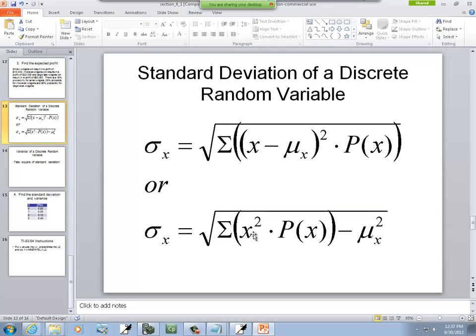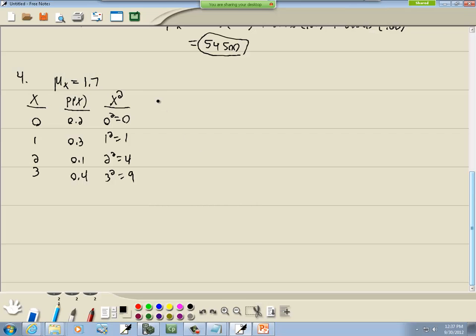Now we're doing the bottom formula here. We got x squared times p of x, so we're going to have a new column. We'll take x squared times p of x. Well, x squared we said was 0 times p of x, which is 0.2. That gives us 0. X squared, which is 1, times 0.3, which gives us 0.3. And 4 times 0.1, which gives us 0.4.